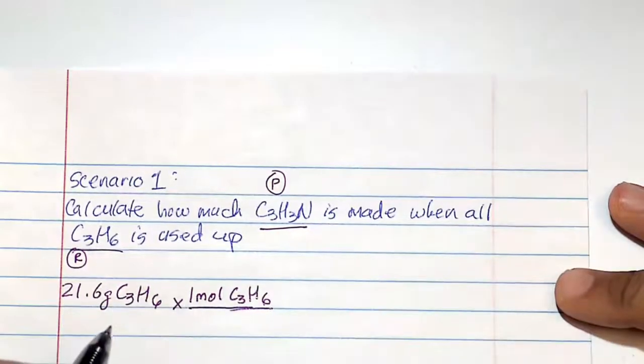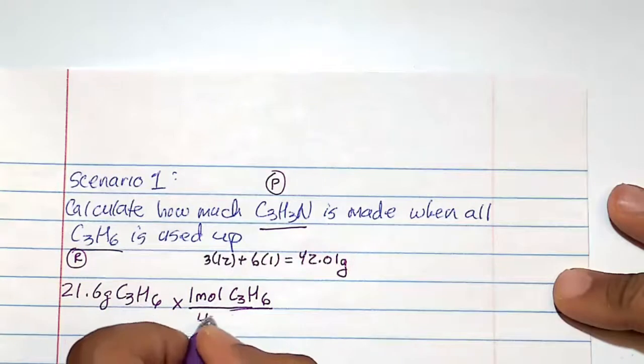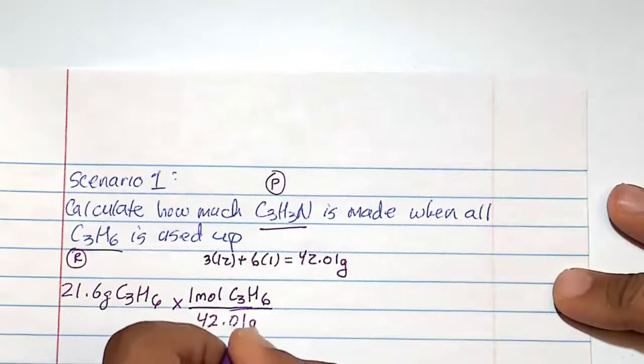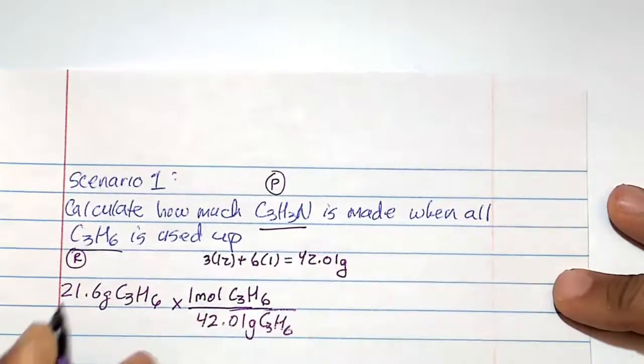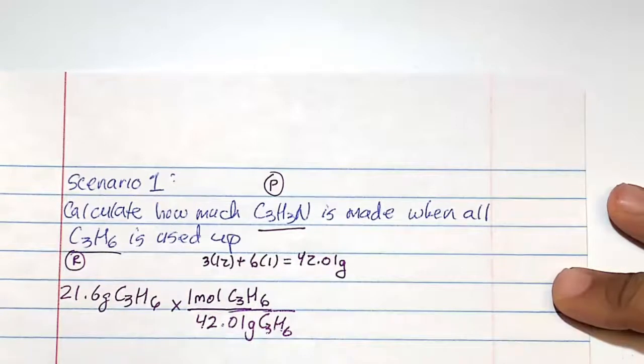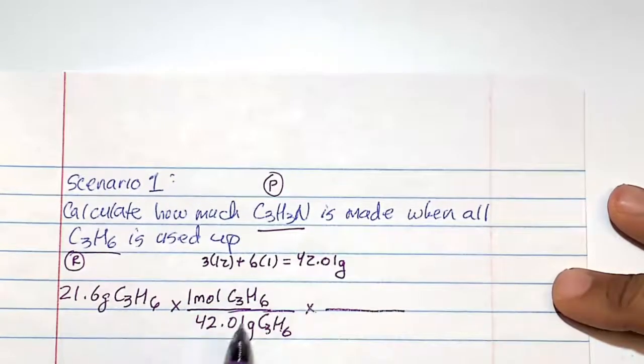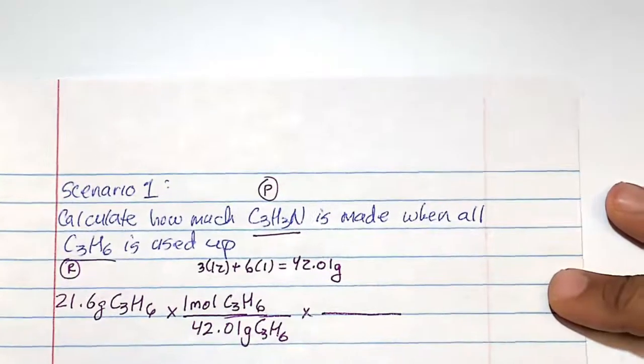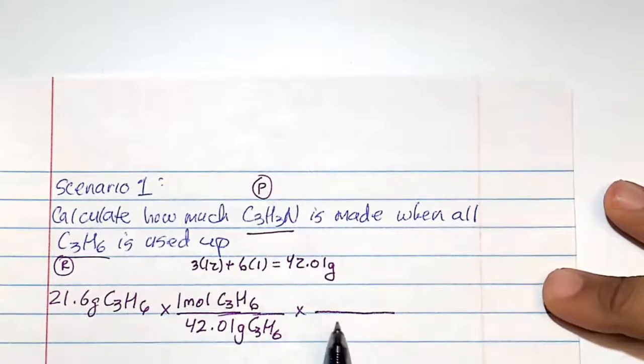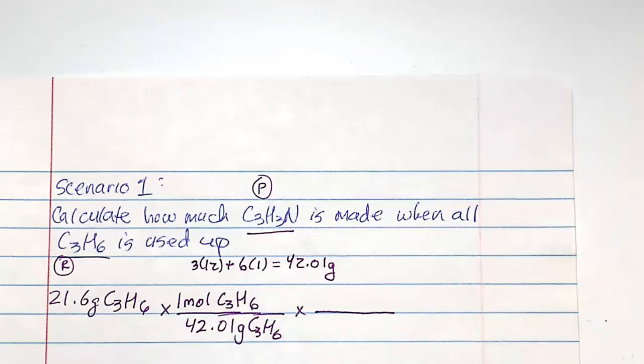And for every 1 mole of C3H6, we have a molecular weight of C3H6. So 1 mole of C3H6 contains 42.01 grams. Now times, this is one of our definitions of the mole. Our second definition of a mole is that it's the coefficient of our balanced chemical equation. So let's go back to our balanced chemical equation here.